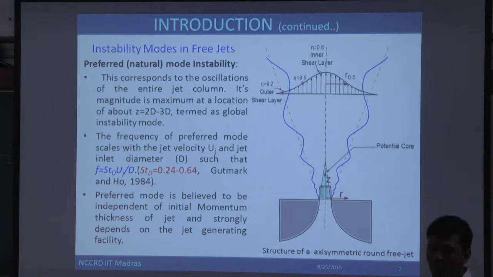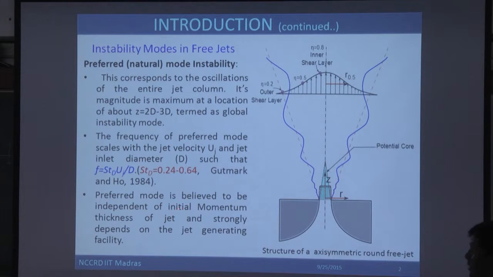So similar to that, all jets have this fluttering mode. This potential core which is very close to the nozzle will actually start fluttering, meaning that they will start oscillating at particular frequencies. These frequencies are universal and they fall in the range of 0.24 Strouhal number to 0.6. A Strouhal number is diameter times the frequency divided by the jet velocity.